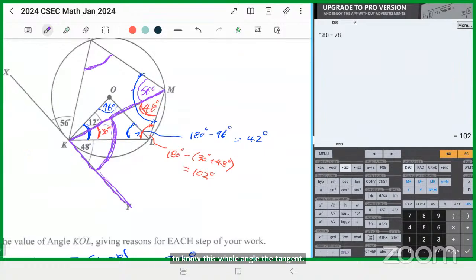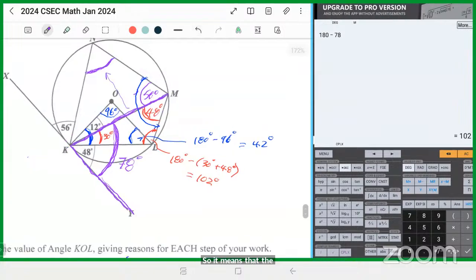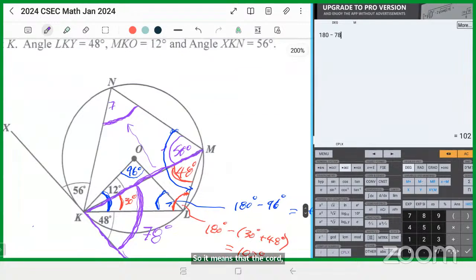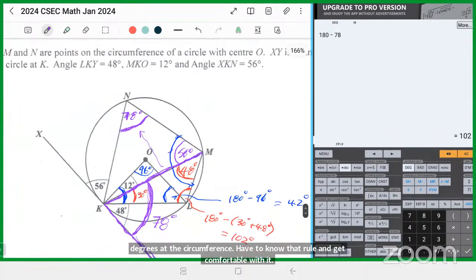That whole angle is 30 plus 48, so this angle is 78 degrees. So the chord subtends the same angle of 78 degrees at the circumference. You have to know that rule and get comfortable with it. So that's another way you could get the 78 degrees.